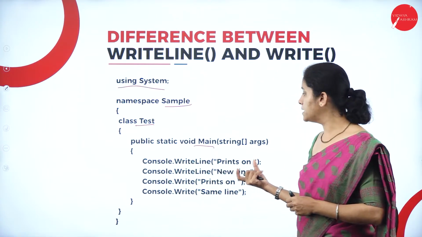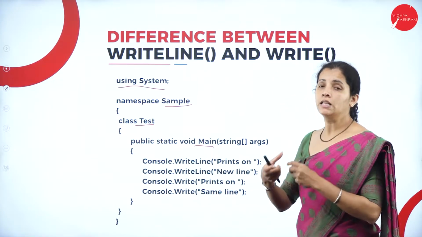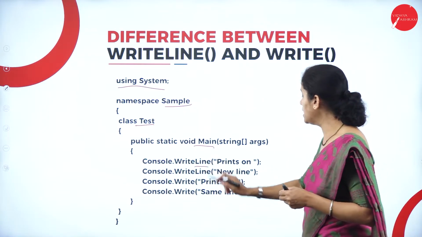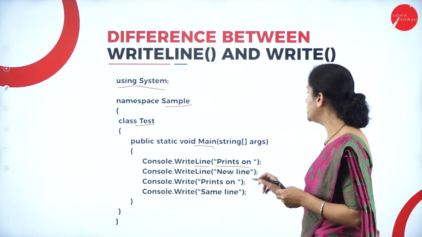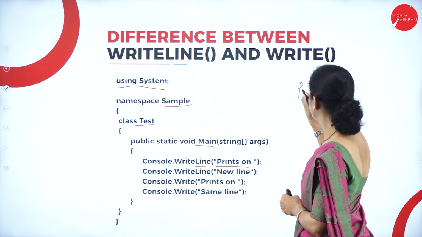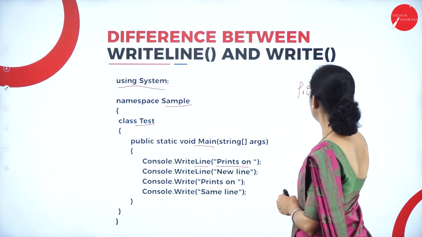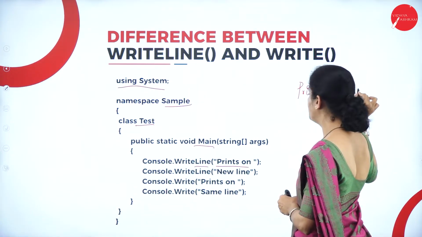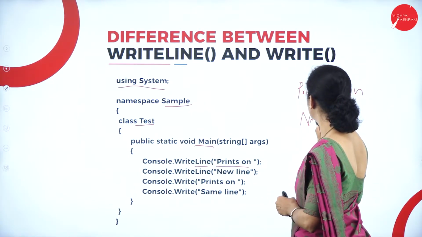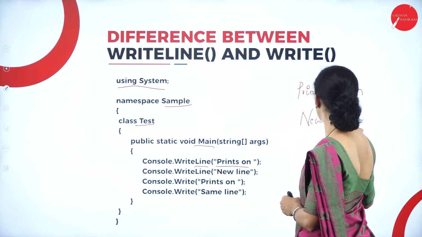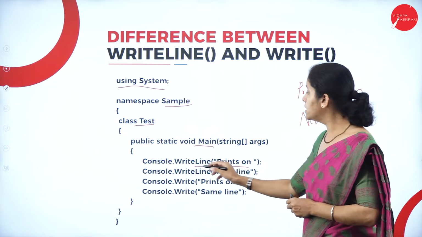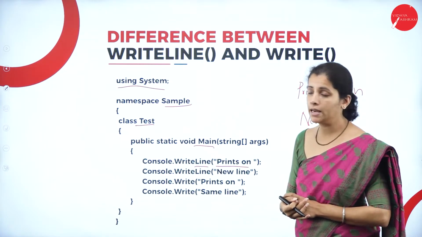I'm going to display the content in the next line. See here, I have the WriteLine, and what I'm going to print here, prints on. So what is the output I'll get? It is prints on, and another output, new line. So I'm going to display the content in the next line. So here line is nothing but new line.